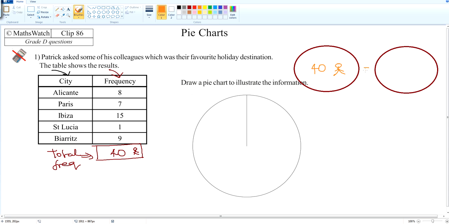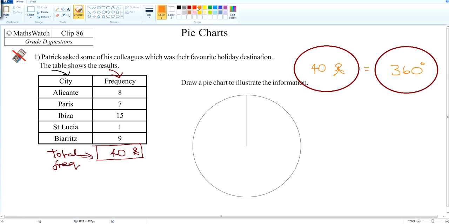That 40 people represents how many degrees in the pie chart? 360 degrees. So the 40 people we have to represent on the pie chart represents 360 degrees of the circle itself.